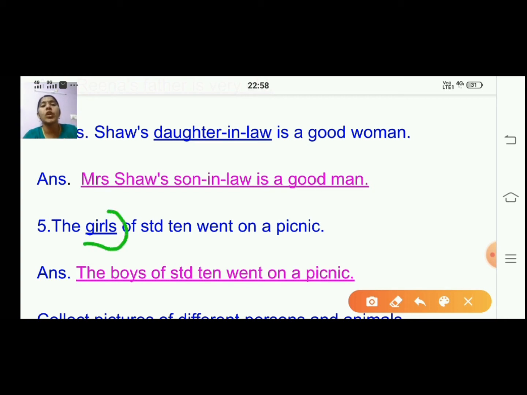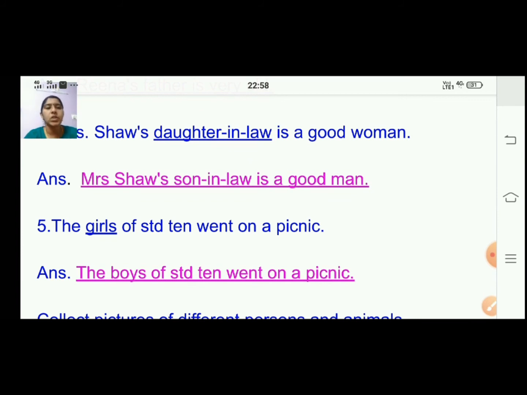So you're going to change the word girls to boys. So other things are same. The boys of standard 10 went on a picnic. So girls, boys, right? So this is how we will change it out. Understood, children? So this is how we will write, right?